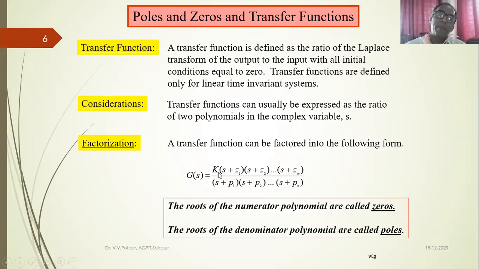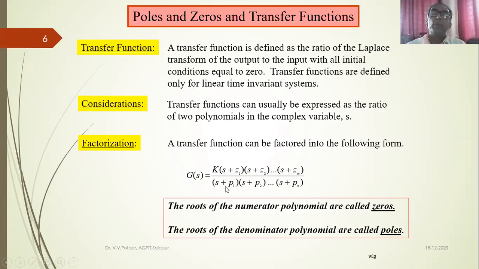So if I got a multiple S in the numerator, that becomes my zero at the origin. This is the first order or simple zero. And if I got S square plus 2S plus 1, that is called a second order zero in the numerator.